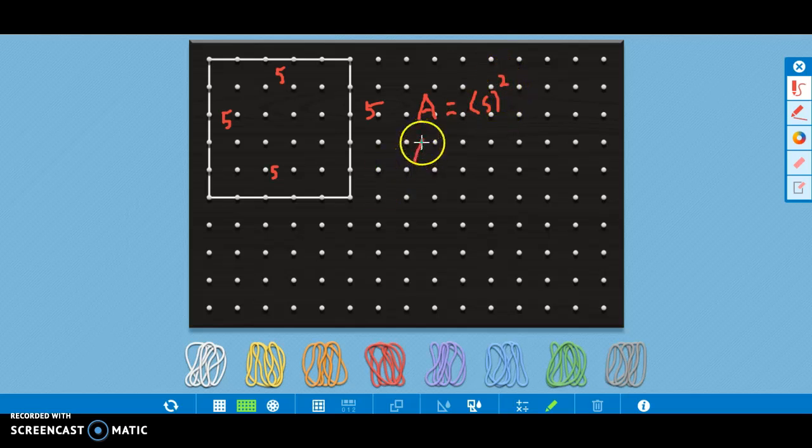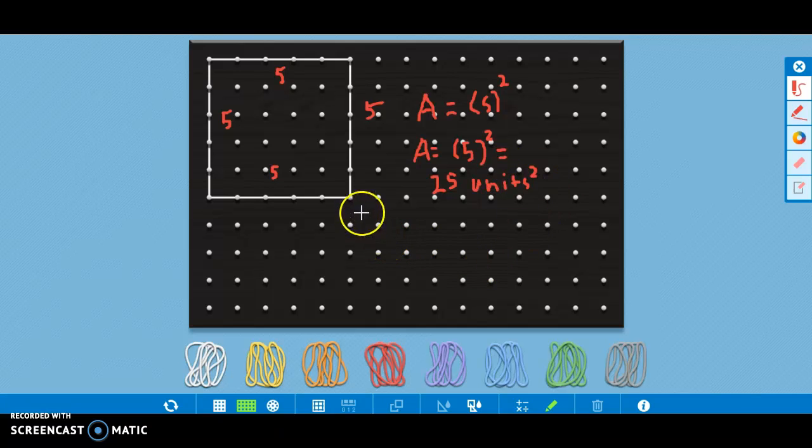So in this case, the area is going to equal 5 squared, which is equal to 25 units squared. And remember, we need to say units squared because when we multiply 2 unit lengths together like that, the units become squared as well.